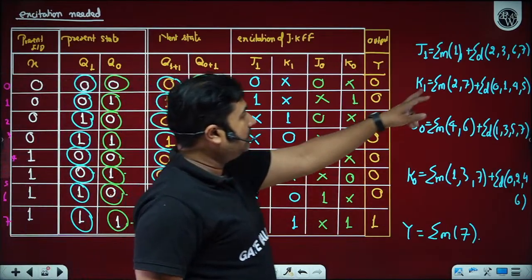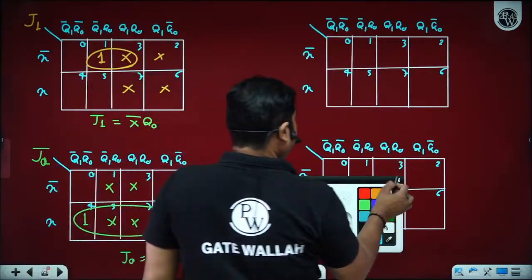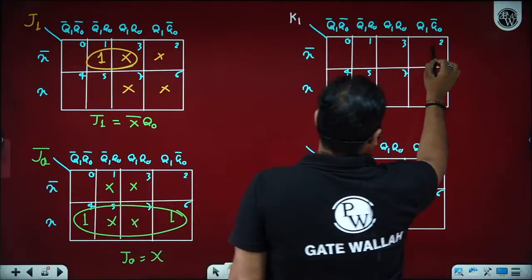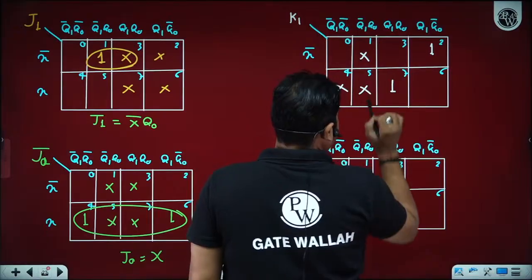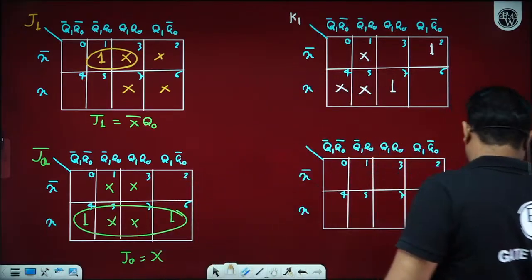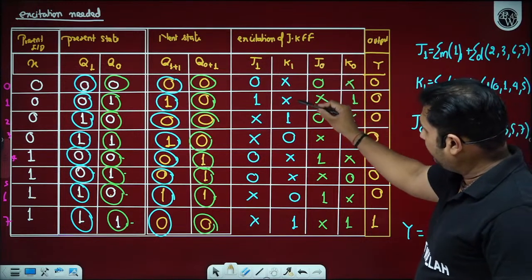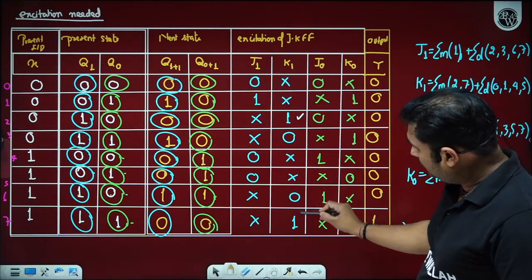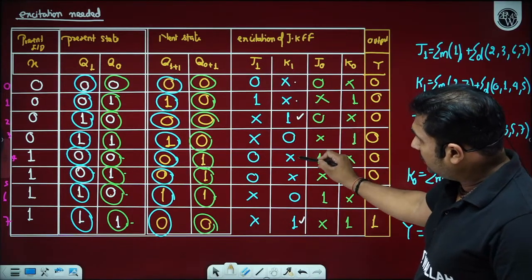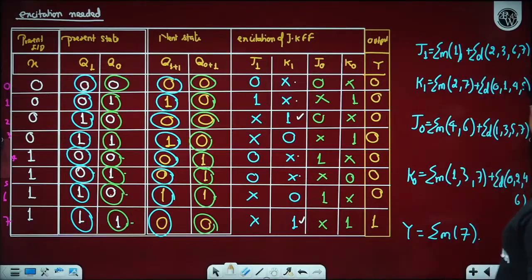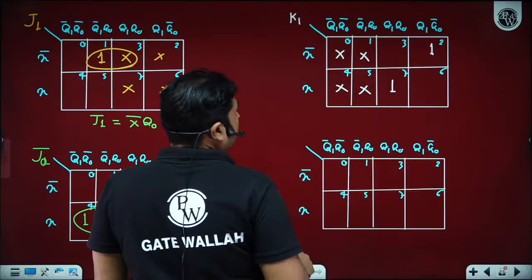Now observe this one for K1, we have 2, 7, and don't cares 0, 1, 4, 5.